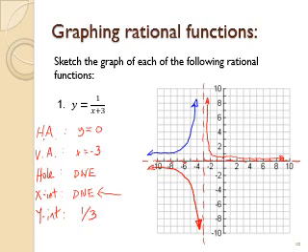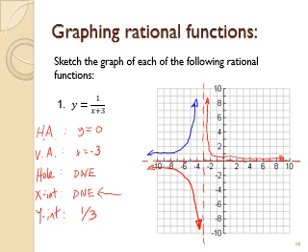Well, I don't. The only way I would know the difference between the red graph and the blue graph is to say, is my y-coordinate negative or is my y-coordinate positive? So to decide, you might want to just plug in an x value that's somewhere to the left of -3.